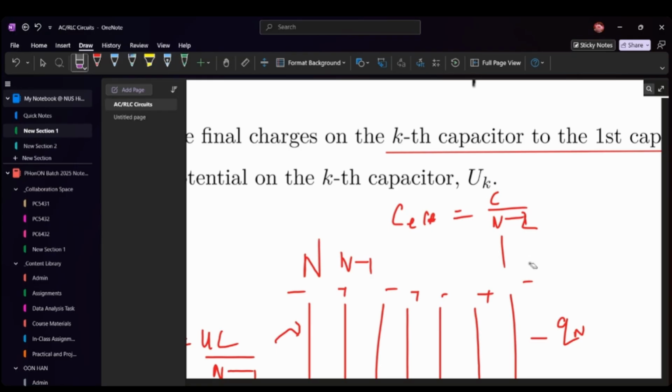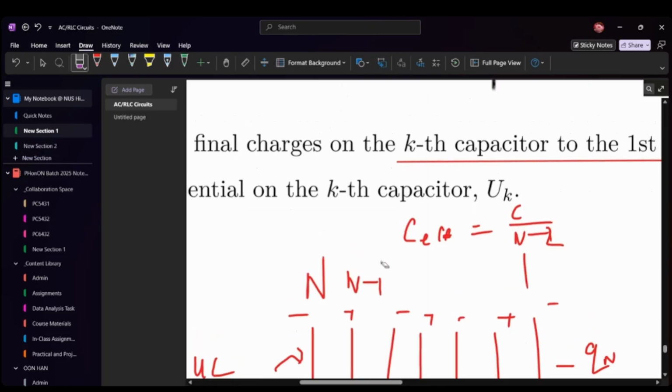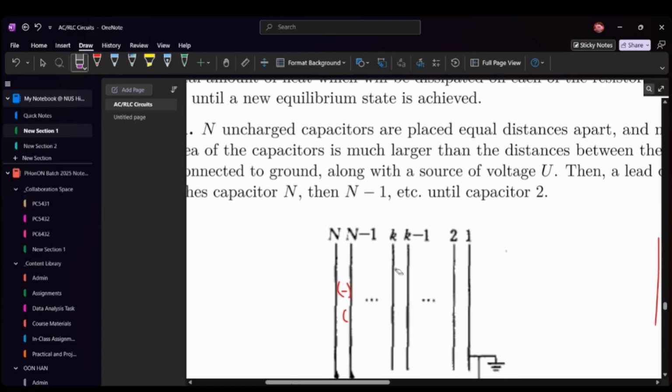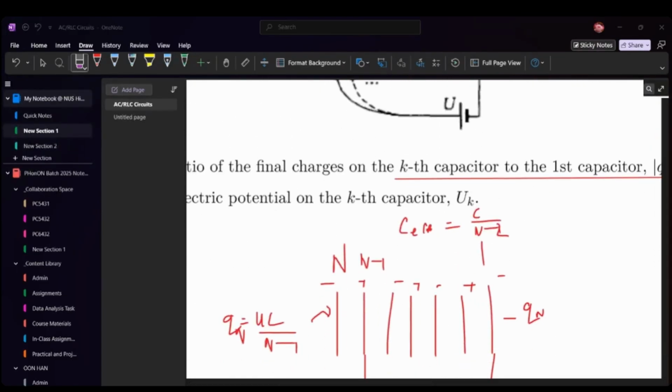And my plate carries a charge of this. This question is a little confusing to me, so just give me a bit while I try to process it.